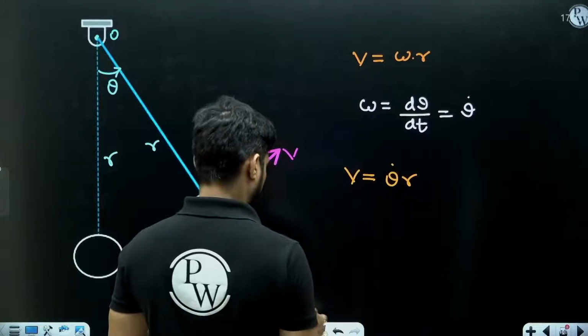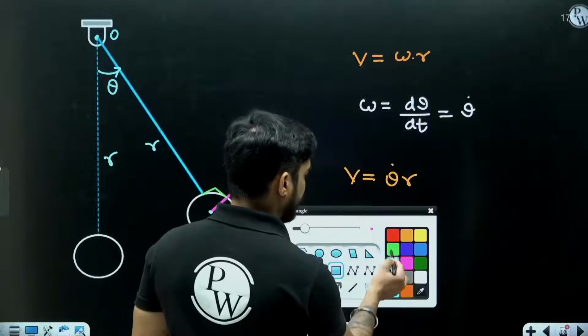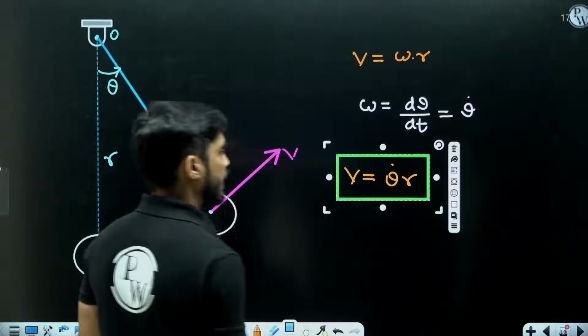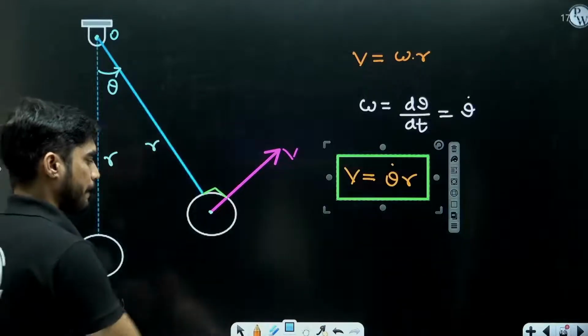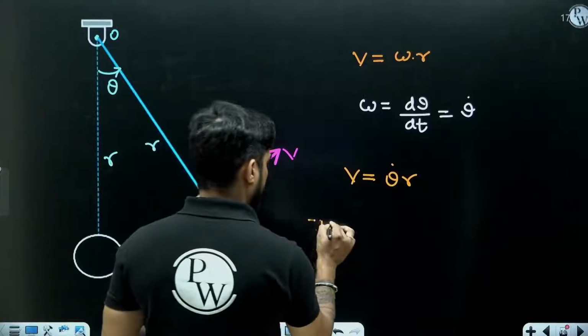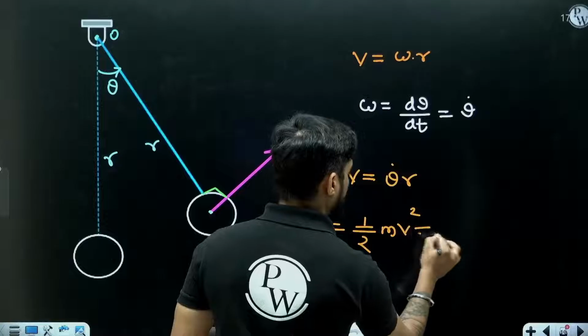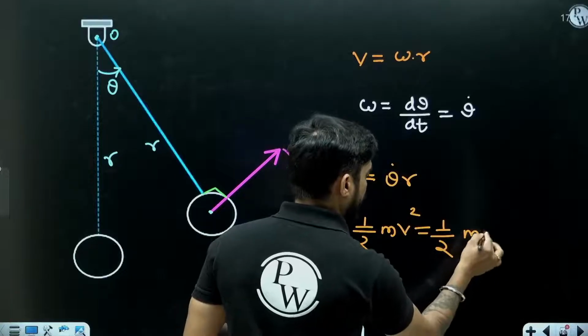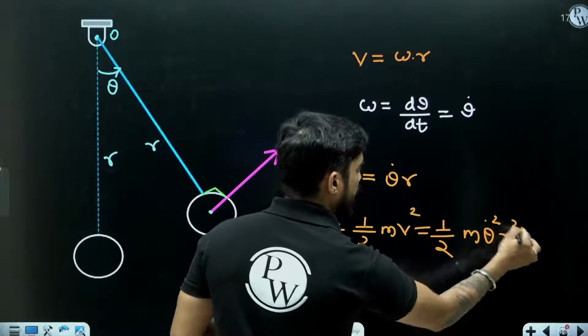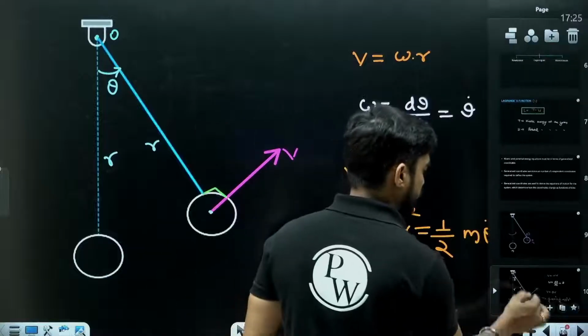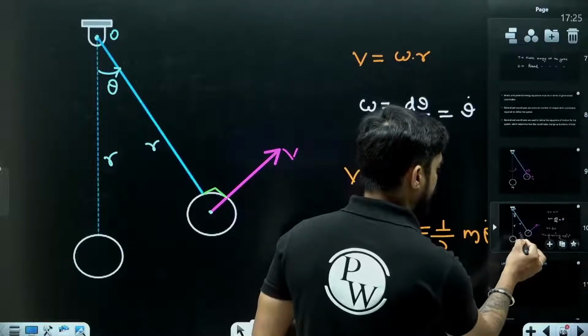Now I can write the kinetic energy, half mv square, meaning half m theta dot square r square. This is one method of writing the kinetic energy.